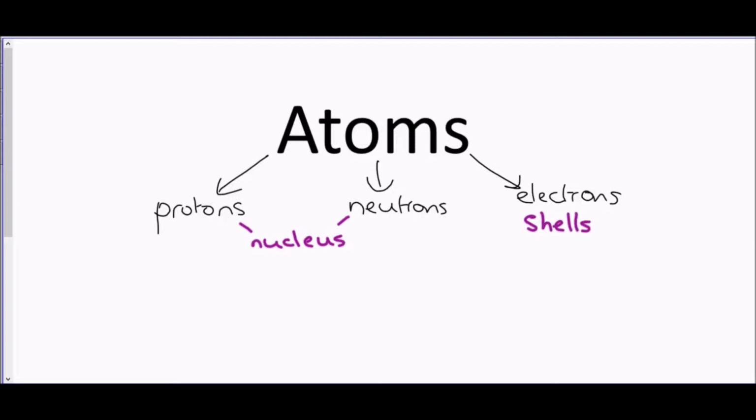The next thing you should be able to do is to work out the number of protons, neutrons and electrons for an atom from the periodic table. If we take carbon as our example, you'll find carbon on the periodic table has two numbers next to it. These are the atomic number, which has the symbol Z, and the atomic mass number.